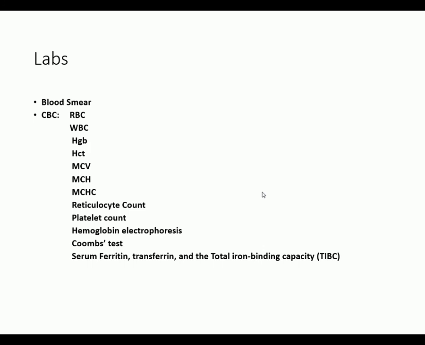Reticulocyte count, it helps to determine your bone marrow function. An elevated count indicates that the red blood cells are being produced and released by the bone marrow before they're mature. Normally should only have about 2% circulating. An elevated level is desired in an anemic patient or after a hemorrhage, because it indicates that the bone marrow is responding to the problem that you're having.